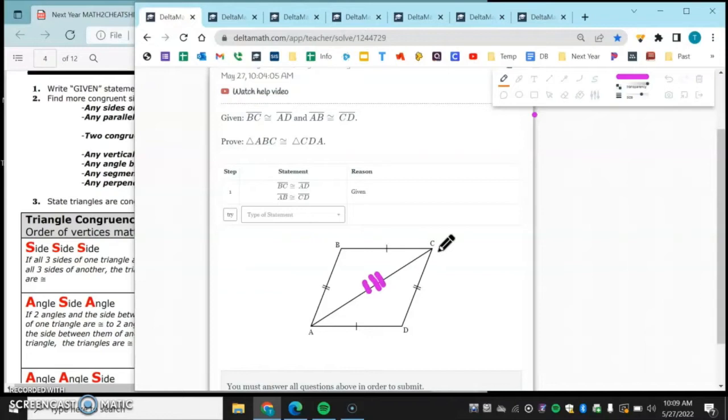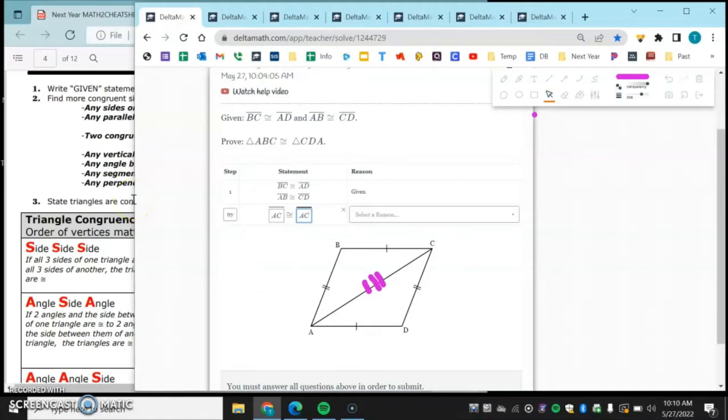That's where it overlaps. So what I'm going to do is say that AC is congruent to itself in each of these triangles. AC is a segment, so I'm going to click on the first one, which is a segment, and say AC is equal to itself.